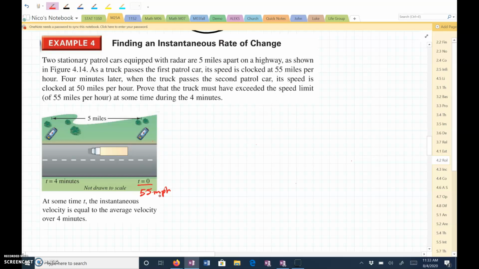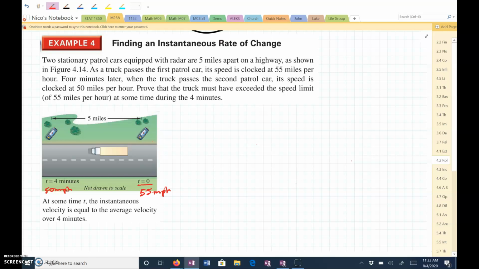Four minutes later, the truck passes the second and is clocked at 50 miles per hour.